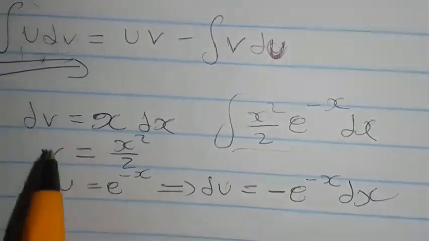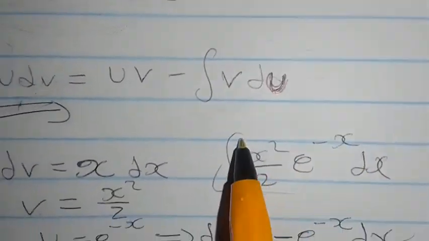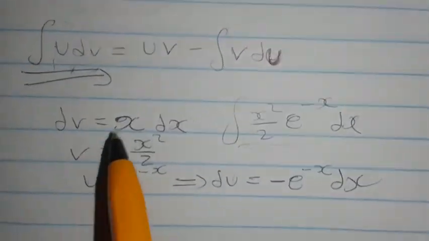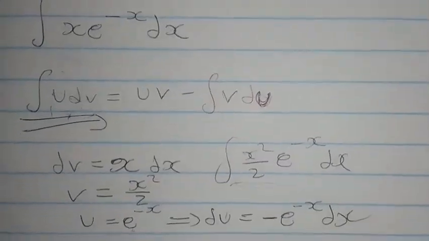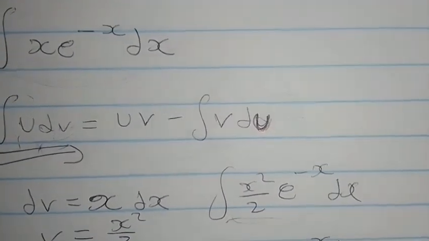Notice that when you make u be e to the power minus x, you get a more complicated integral on the other side. That means you chose the wrong variables in terms of u and dv.